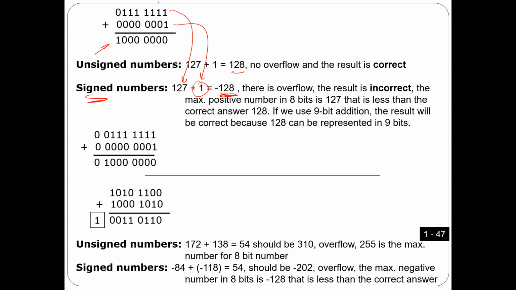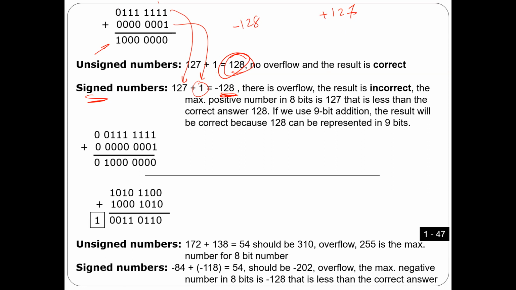What is the limit for 8 bits? Negative 128 until positive 127. The correct answer was 128, but the limit for 8 bits is 127. That's why I got a wrong number, because of overflow.